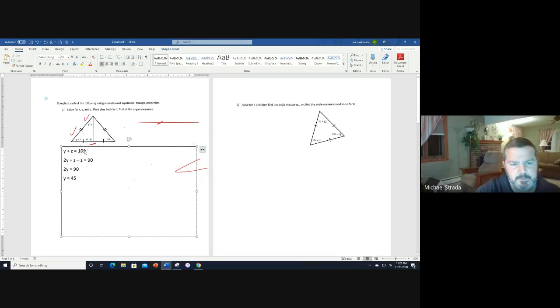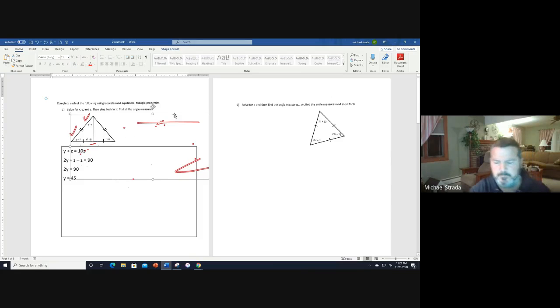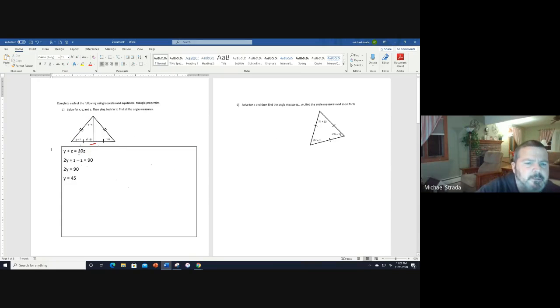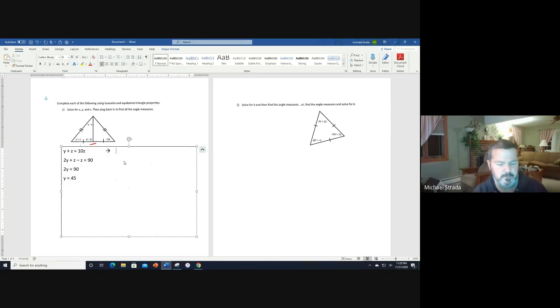So now I come back to here. Get rid of that. Come back to here. And if y is 45, that means 45 plus z equals 10z. 45 equals 9z. And z is equal to 5.